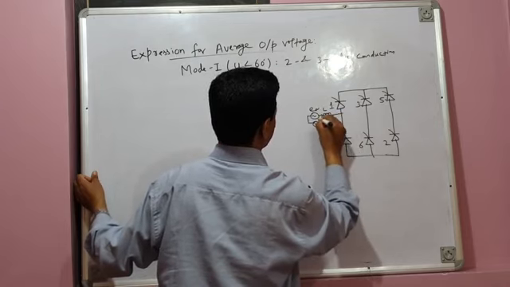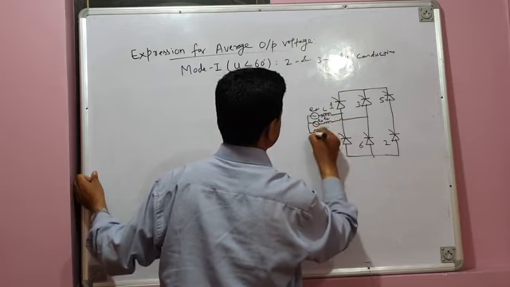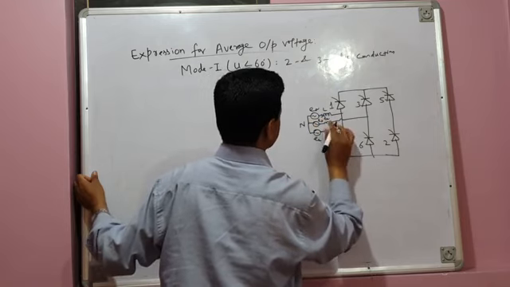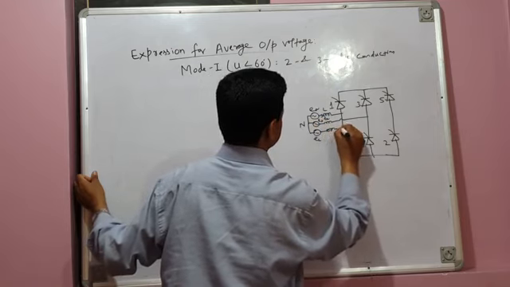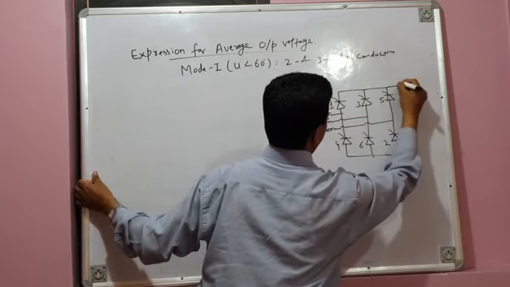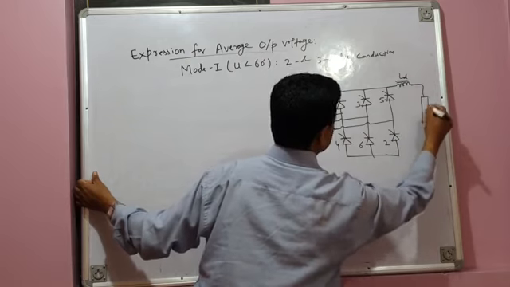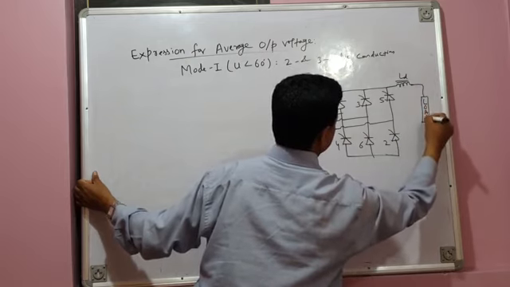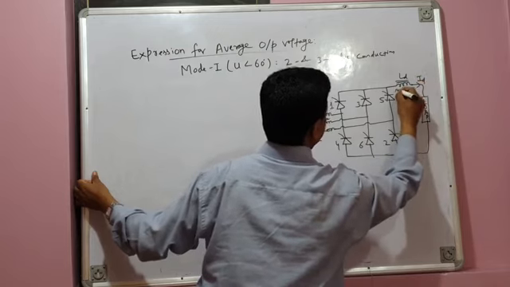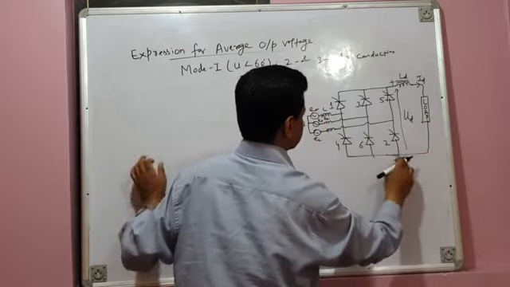Similarly, this is phase voltage EB, and this is phase voltage EC, and this is our supply neutral. On this side, we have a large heavy inductance connected in series with the load. Load current is constant and ripple free, it is ID, and load voltage is VD. This is the positive bus, this is the negative bus.